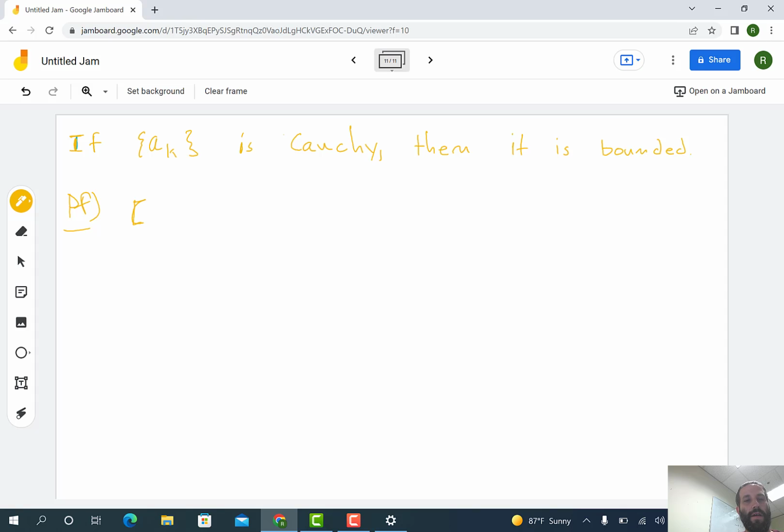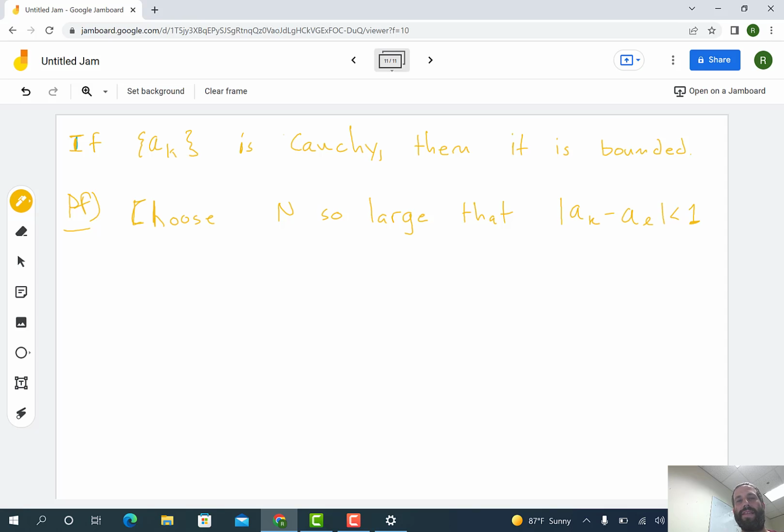So choose n. Choose n so large that a_k minus a_l is less than 1.